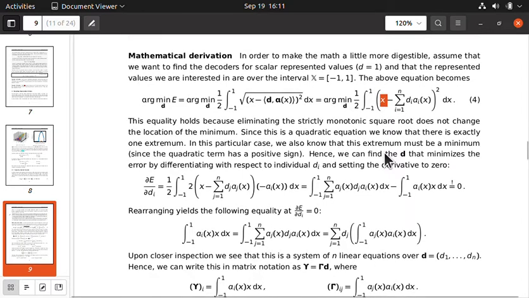Okay, so we can do exactly the standard thing that everyone says whenever you want to take the minimum of something. You take its derivative and you set the derivative equal to 0. Of course, it means we have to take the derivative of this horrible thing, which actually turns out to not be too bad.